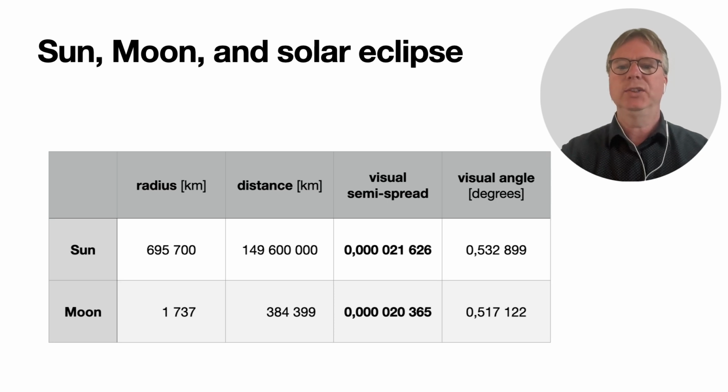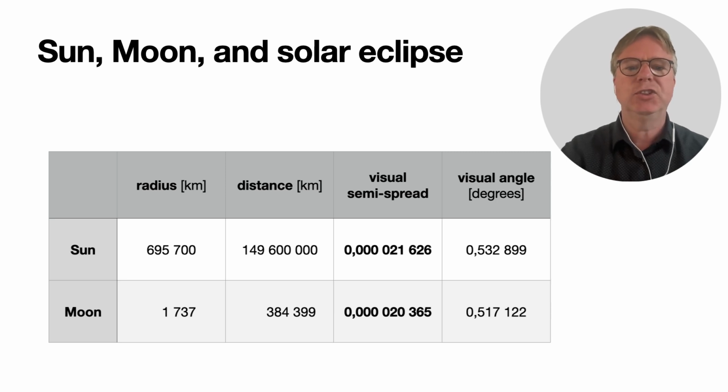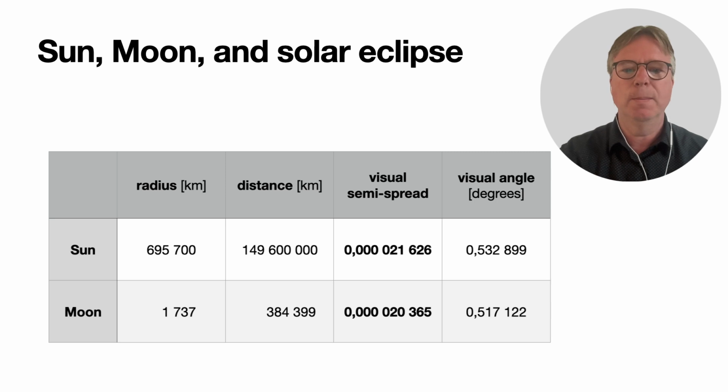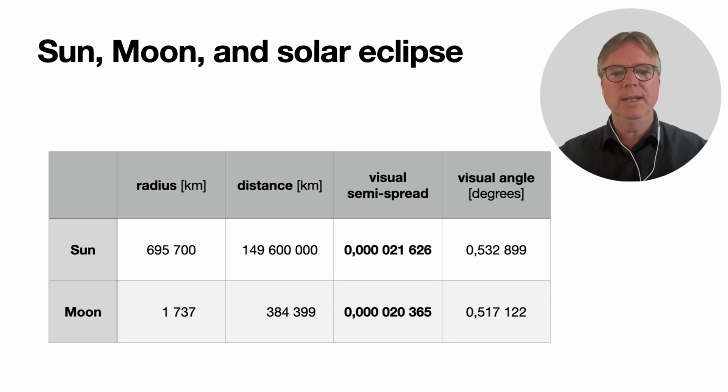So the radius of the sun is way larger than the radius of the moon. The distance of the sun is way larger than the distance of the moon. And the visual semi-spread is the same up to the 5th digit there, and only in the 6th digit they start to differ. So the visual semi-spread of the moon is slightly smaller. In degrees, it's about half a degree.